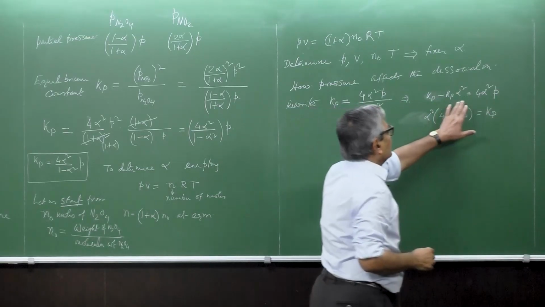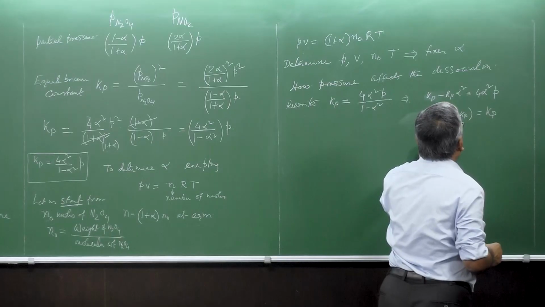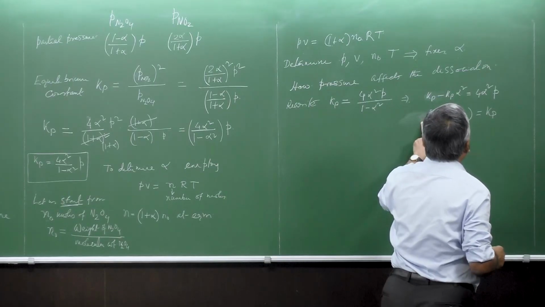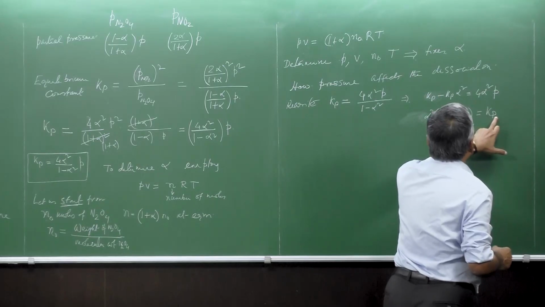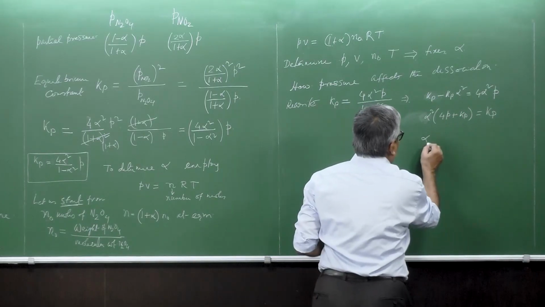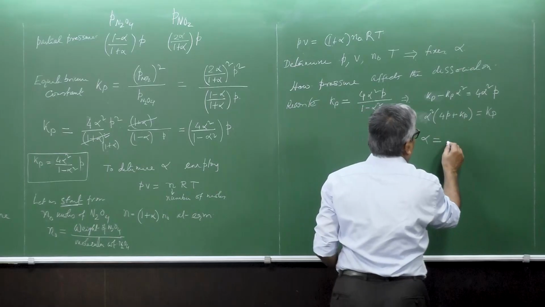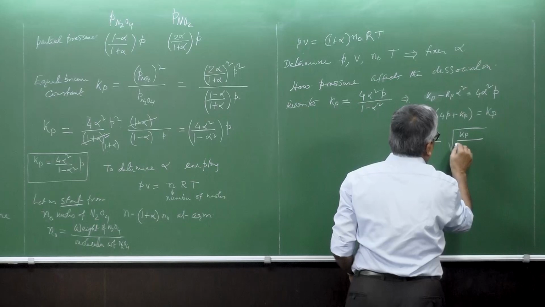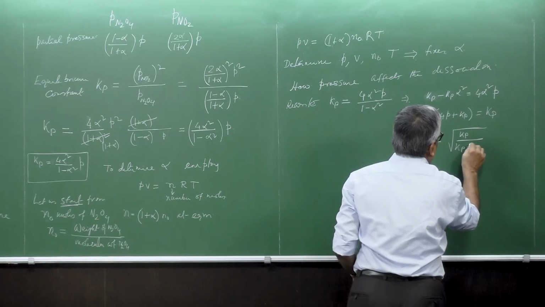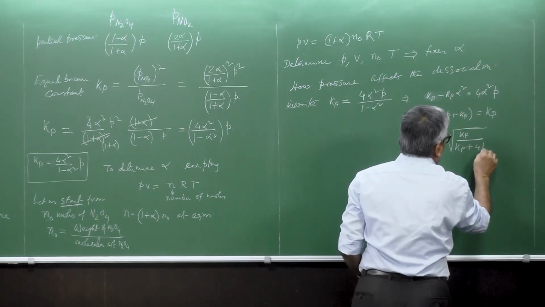So I take this to the other side, I take alpha square common, so alpha square times 4P plus Kp gives me Kp. So alpha is basically square root of Kp divided by Kp plus 4P.